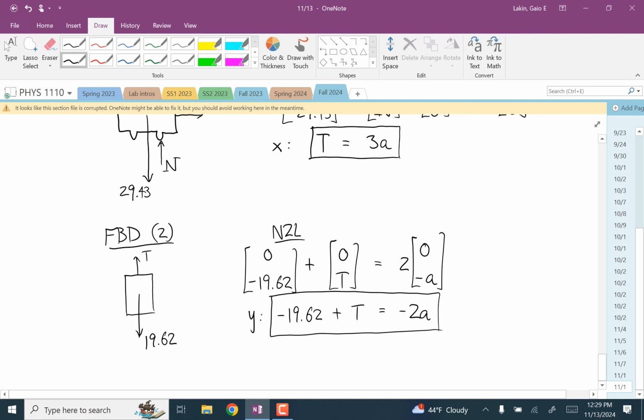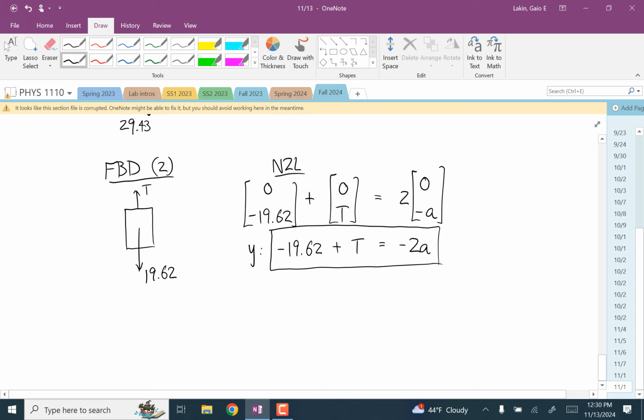So now those two boxed equations you're going to solve by substitution. For my first boxed equation, I know that T is equal to 3a. So I'm going to substitute 3a in place of T in the second one. So negative 19.62 plus 3a is equal to negative 2a.